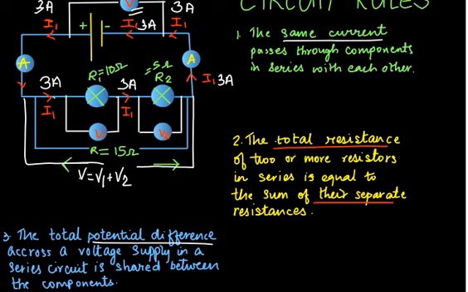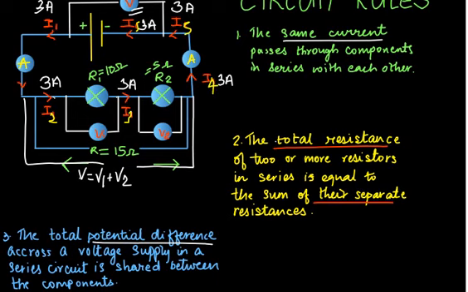So let me just write down statements supporting these rules. For the first statement, for the current, there is no statement as such, because the same current passes through the components. If at all, I would have labeled this as I2, this as I3, this as I4, this as I5, and this as I6.